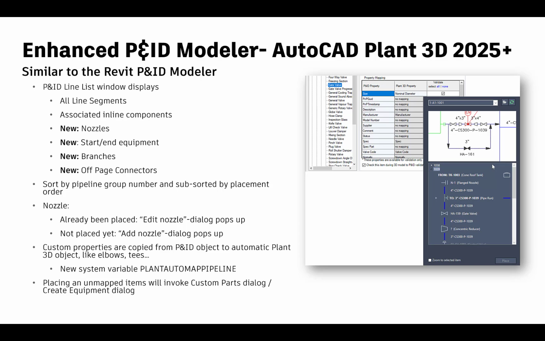This new modeler, similar to your Revit P&ID modeler, is more comprehensive of what you have in your Plant 3D project, showing all your P&ID drawings, displaying all those line segments and their associated components like inline components, your nozzles, your start and end equipment models, your branches, and also your off-page connectors. Let's jump into the software and see how this looks.